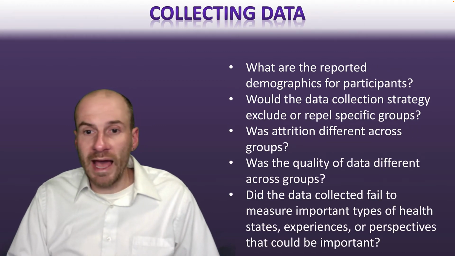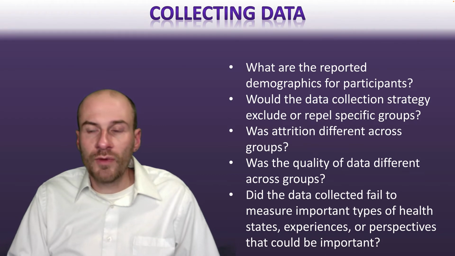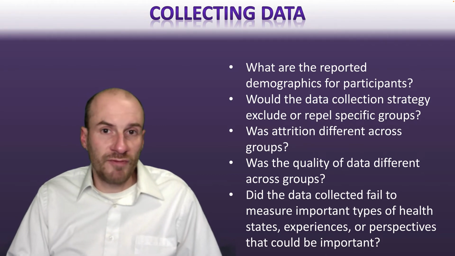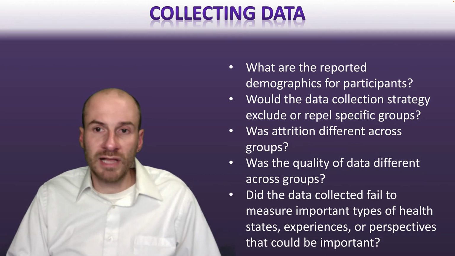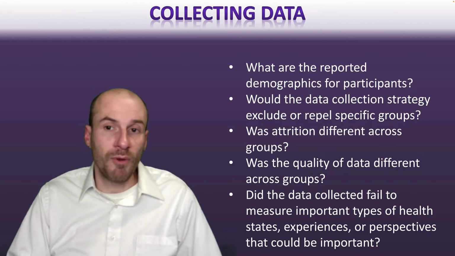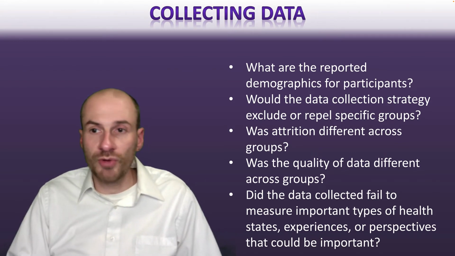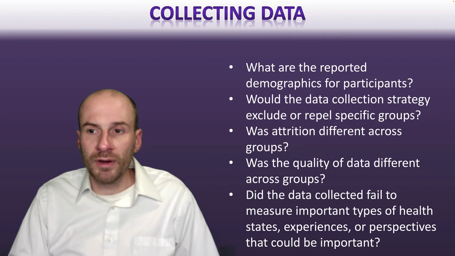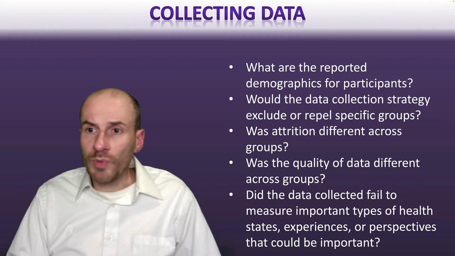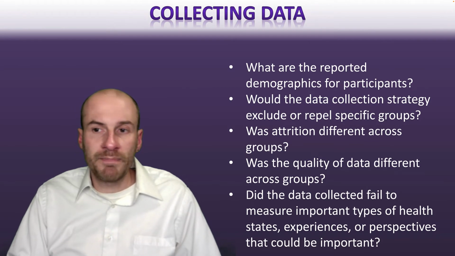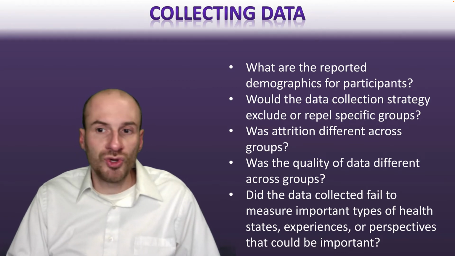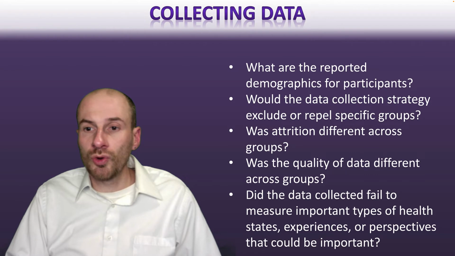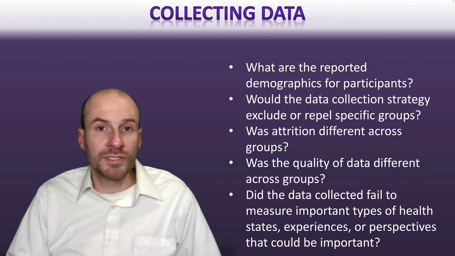We'd also want to look at how data was collected itself, right? So we get some information about what data was collected by looking at the demographics, the sample, the participants in the study. So you should always look at that chart in any paper. We also want to look at their processes. Did they collect data in a way that might be more or less likely to exclude or repel certain groups, right?